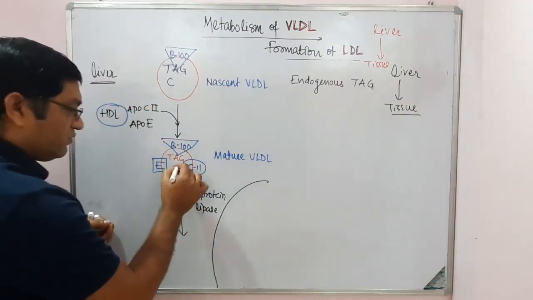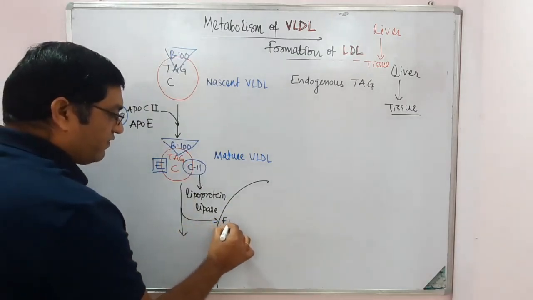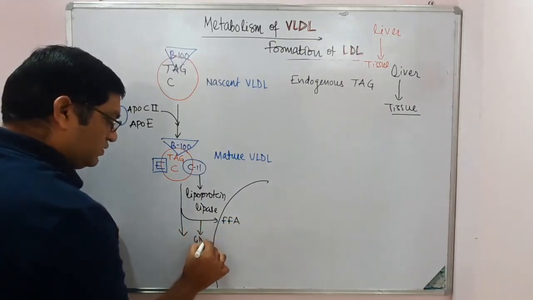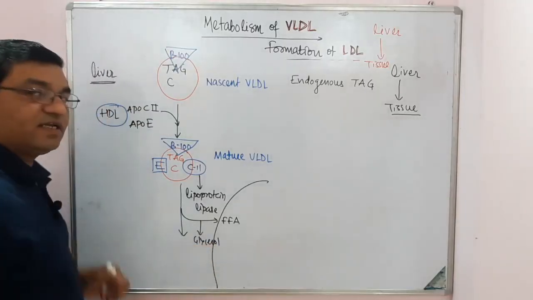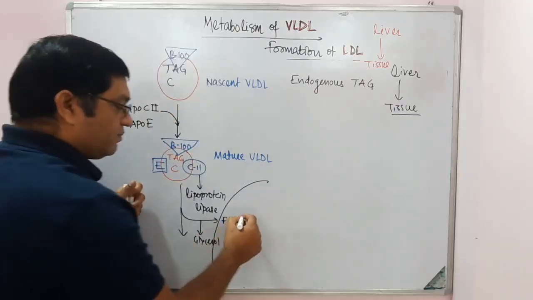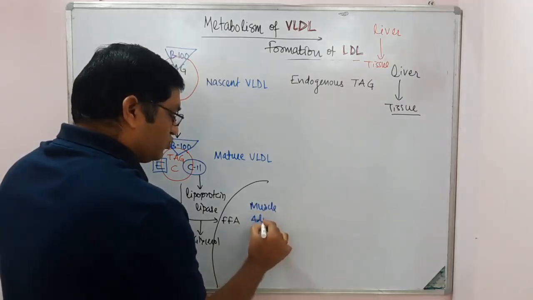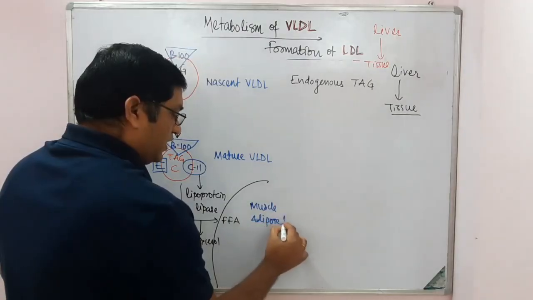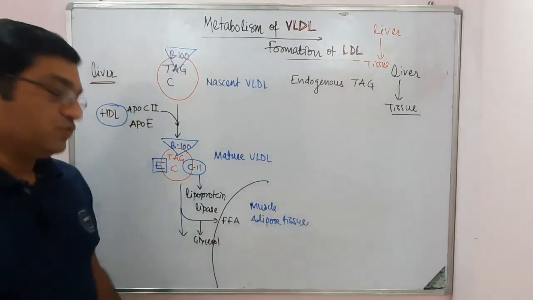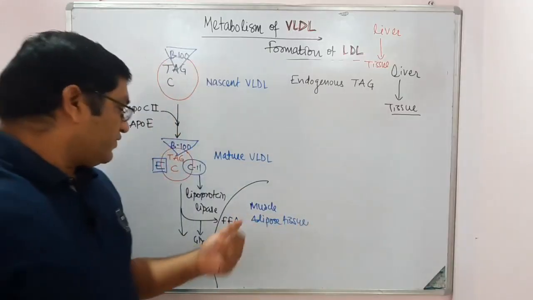It causes the conversion of triacylglycerol into free fatty acid and glycerol. This glycerol is taken up by the liver, while the free fatty acid is utilized in the muscle and adipose tissue mainly, the peripheral tissues.